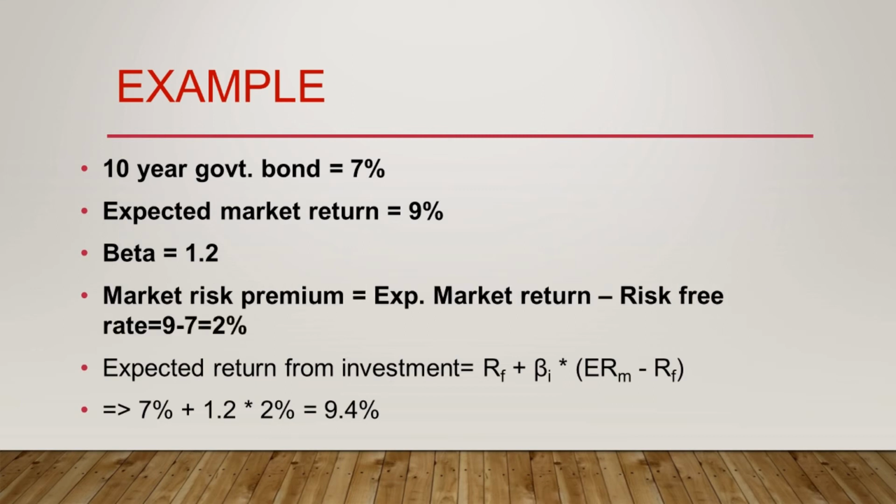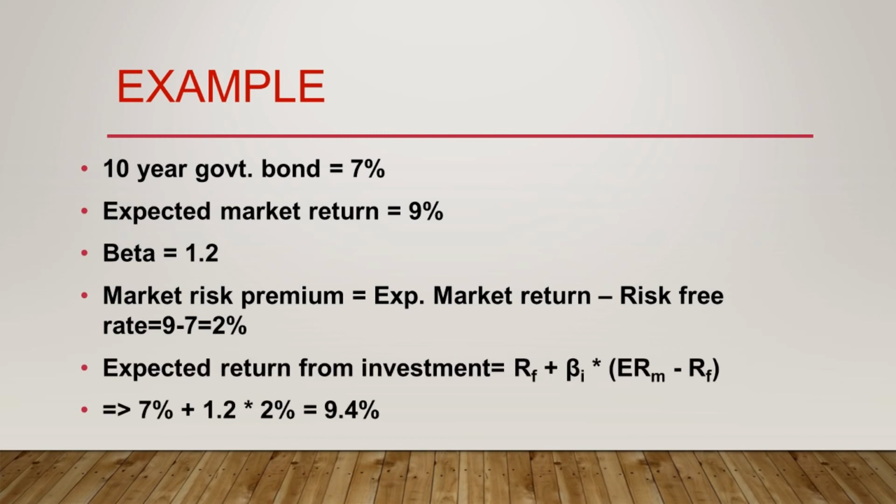Let's see the market risk premium. It would be expected market return minus risk-free rate, which is 9 minus 7 equals 2%. And when we talk about the expected return from investment, which is what we wanted to calculate with our CAPM formula, this is the risk-free rate plus beta into expected return from market minus risk-free rate.